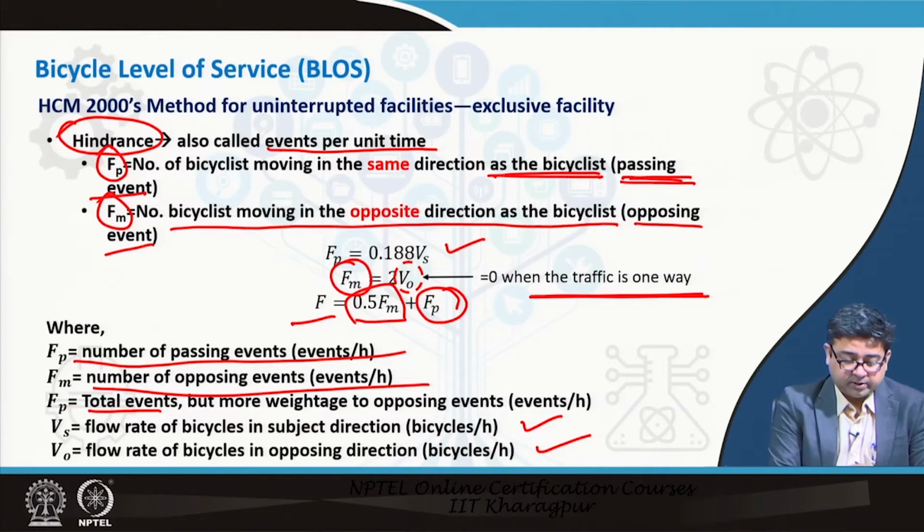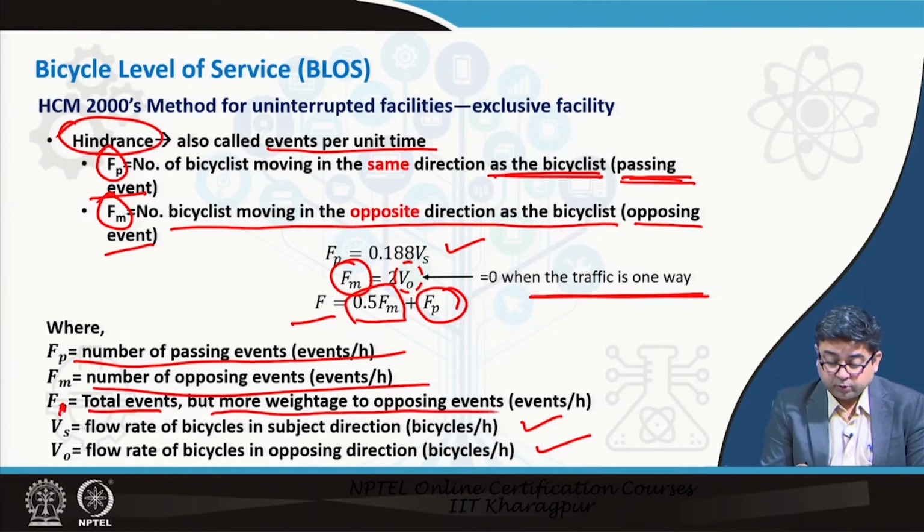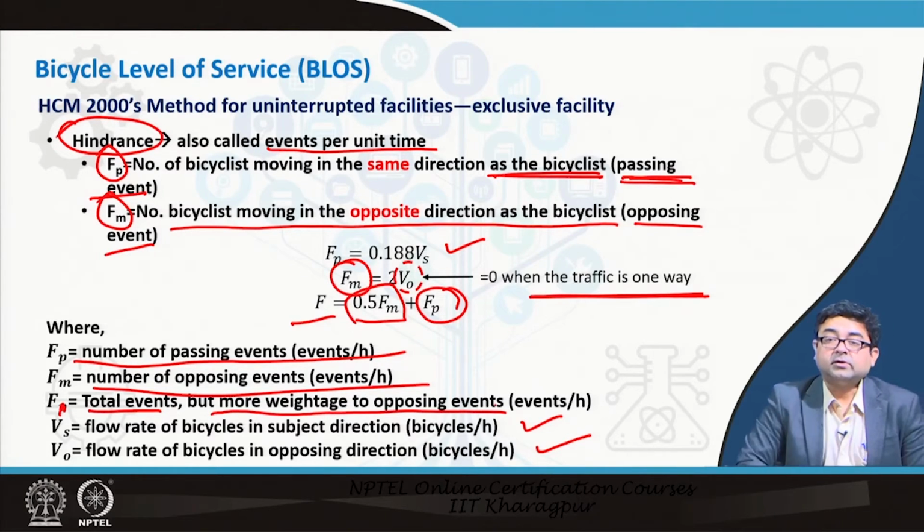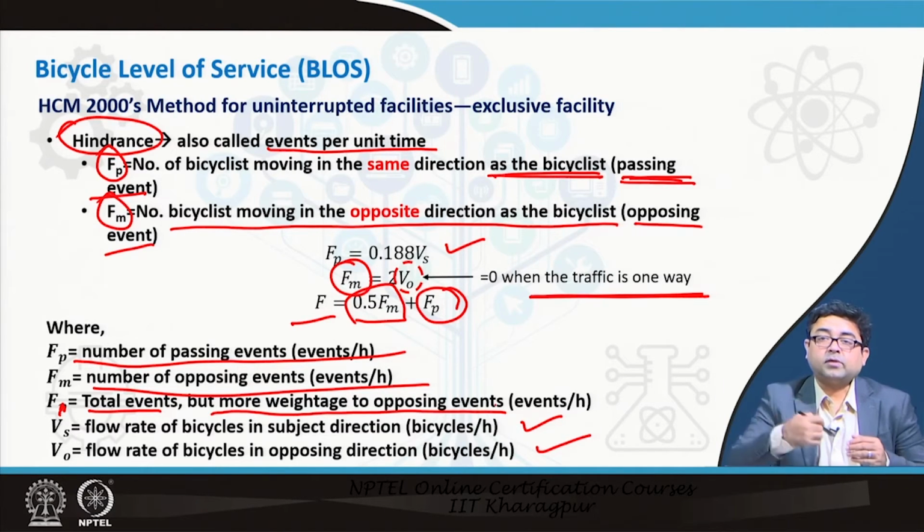More weightage is given to opposing events, because it has been noticed in the field that it is only when you encounter a large number of opposing bicyclists that your level of service goes down.